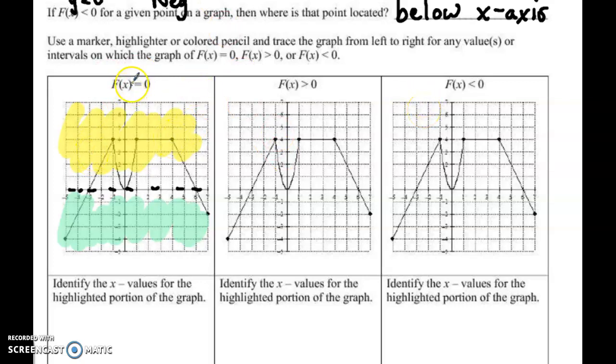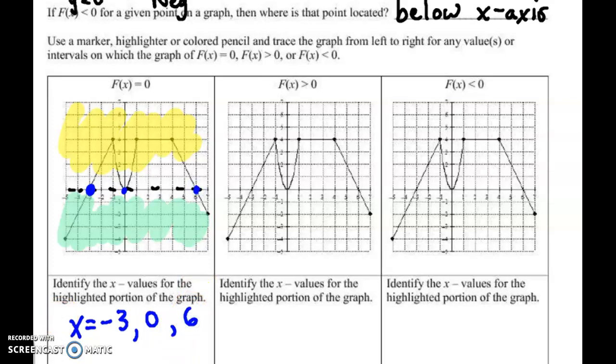If we're asking where f of x is equal to 0, that's anywhere that we're on the x-axis. The first time we're on the x-axis is at x equals -3, and then this value right here, x equals 6.